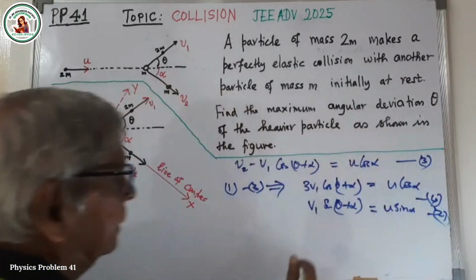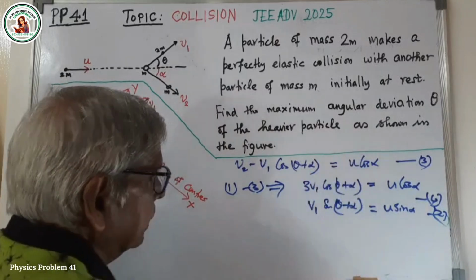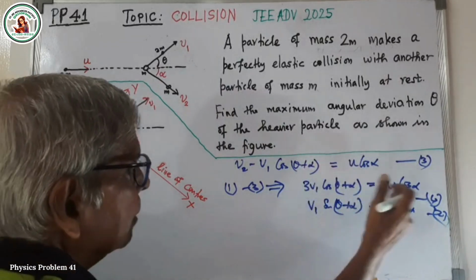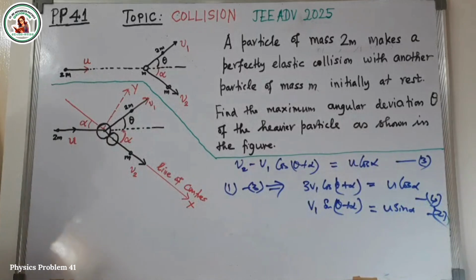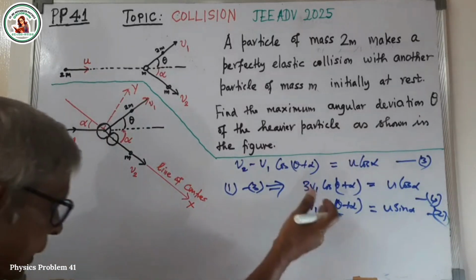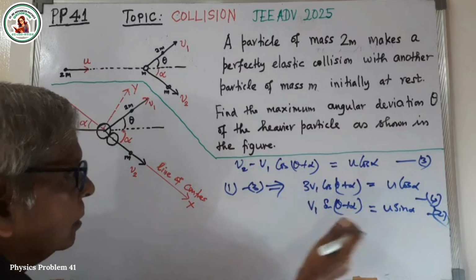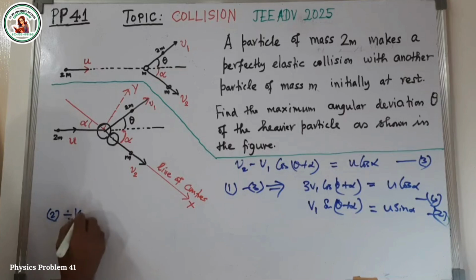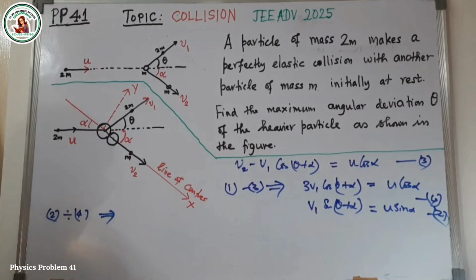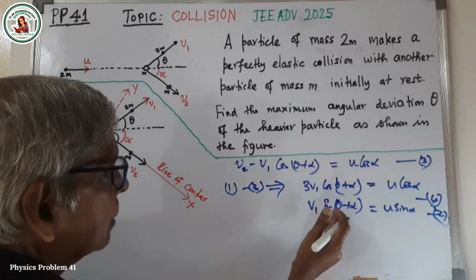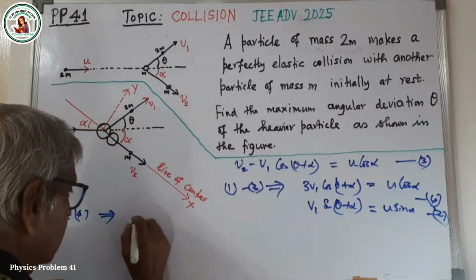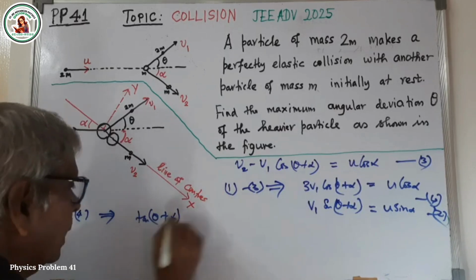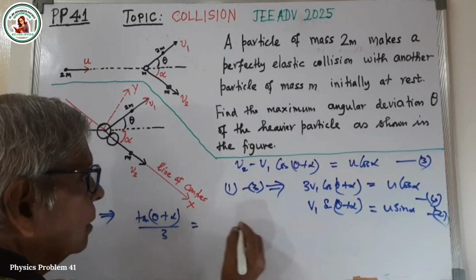I am repeating that so that I can divide the two equations: 2 divided by 4. 2 divided by 4 gives us tan(theta plus alpha) divided by 3 is equal to tan alpha.